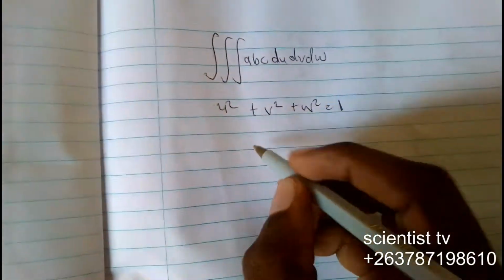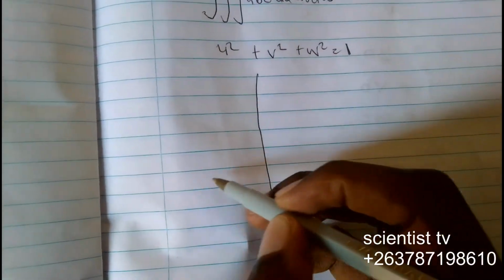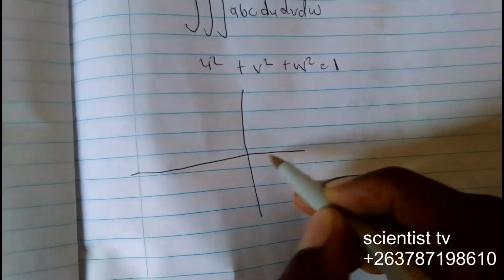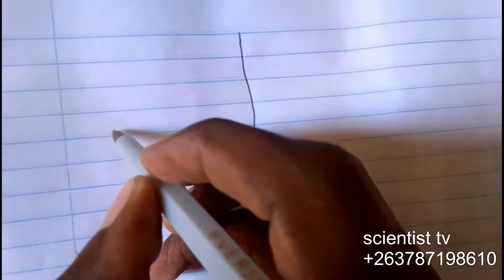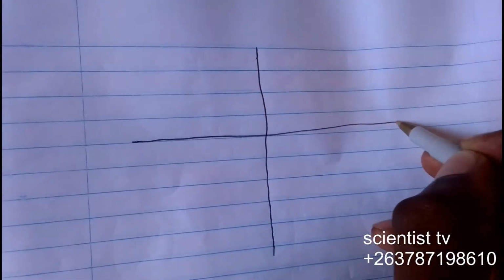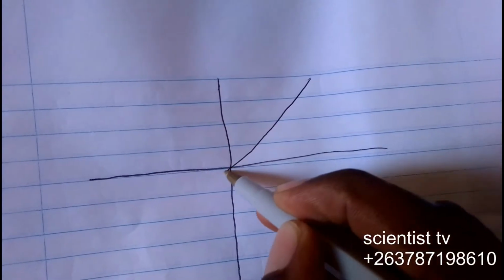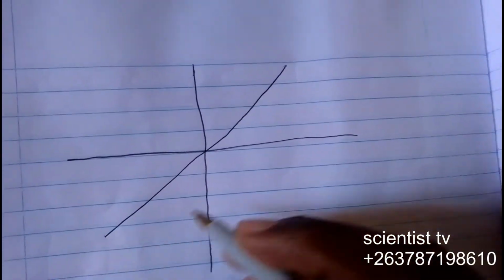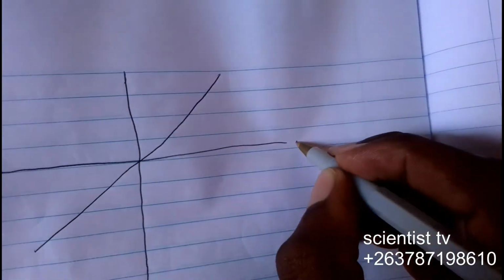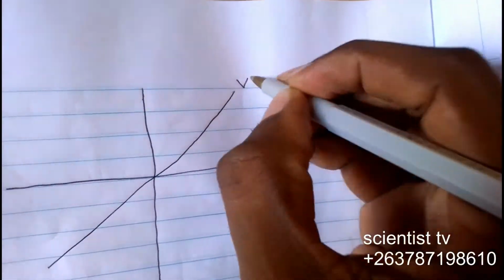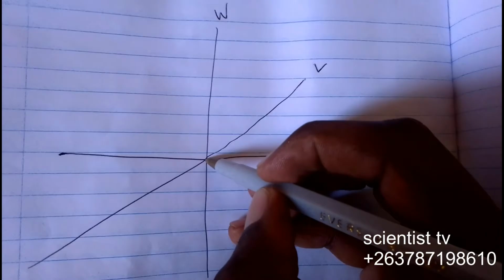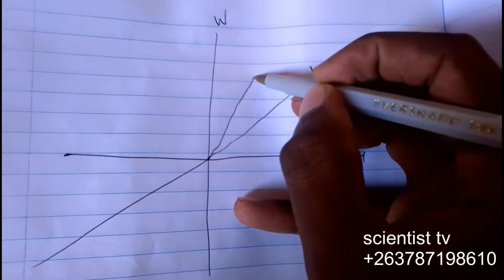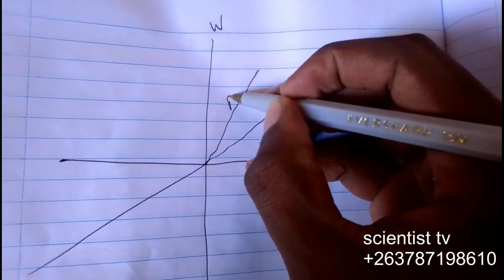So let's do it like this. Just imagine this line, and another line, and another line. My lines are not perfect, but it's okay. I call this u, I call this v, I call this w. Just imagine this is a radius called rho.